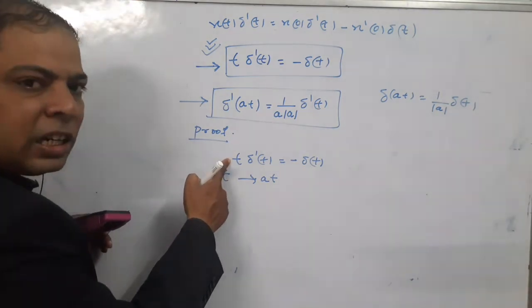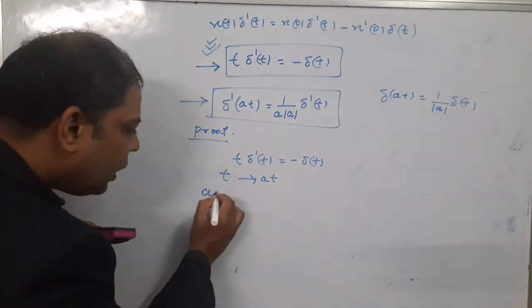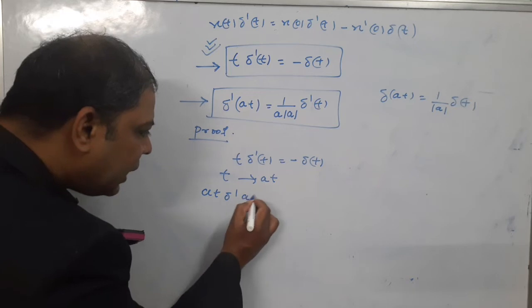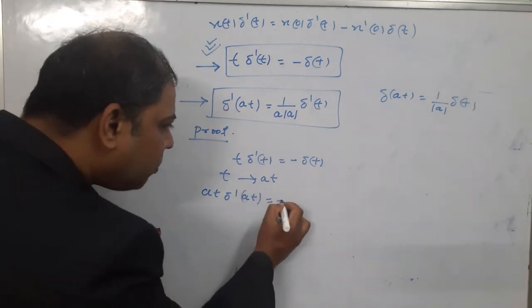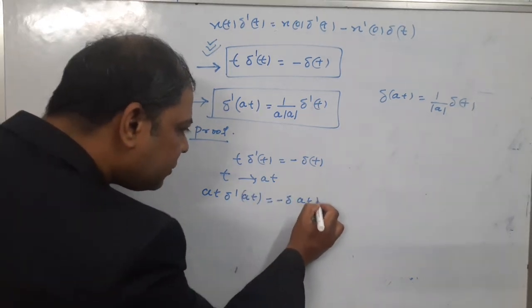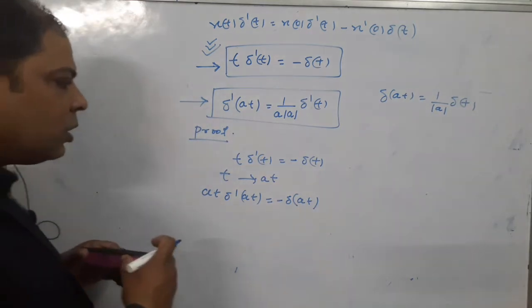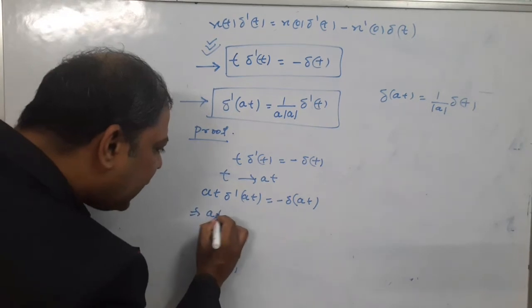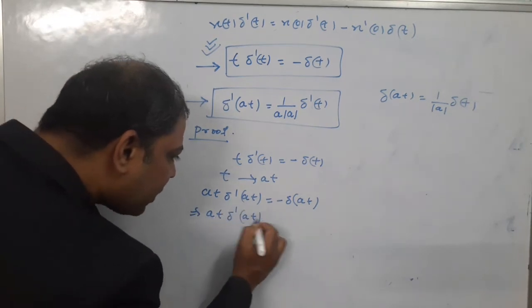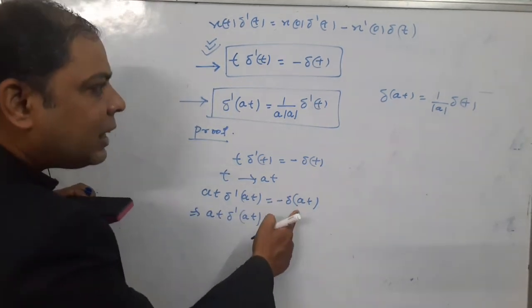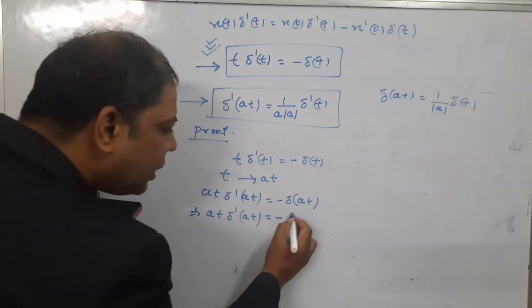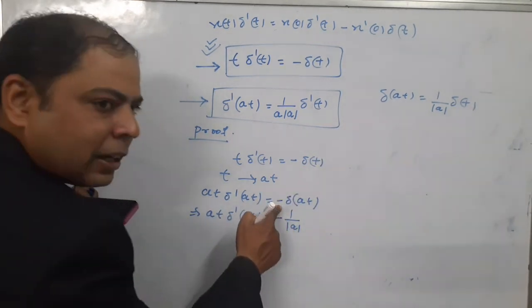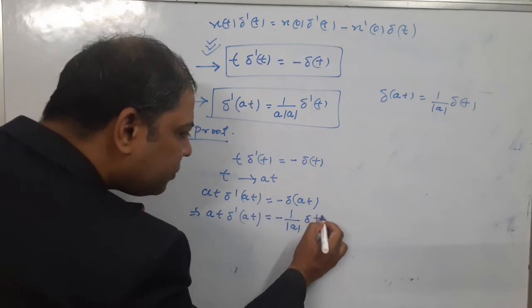If you replace t by at, then 80 del dash 80 is equal to minus del at. Understood? Which implies at del dash at is equal to minus 1 by mod a del t.